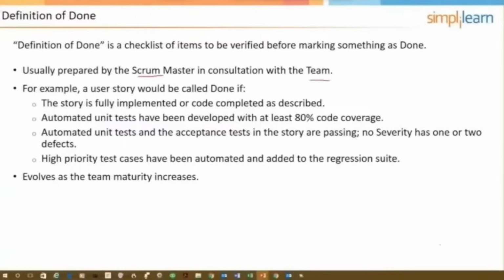That is, I would modify this slightly. The definition of done is really driven by the team. The Scrum Master is never a decision maker. If you have a Scrum Master that says, we have to have this in the definition of done, then that's an infringement on the empowerment of the team.